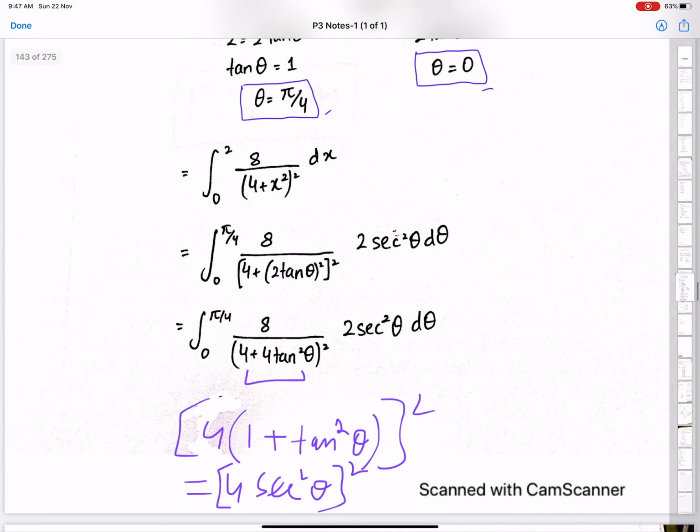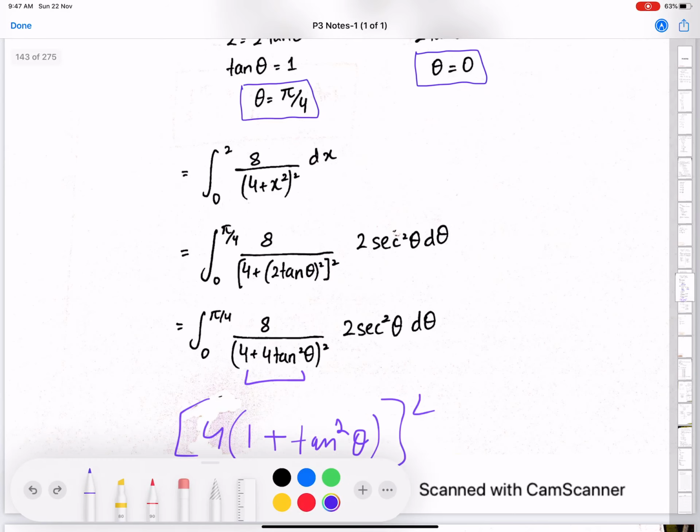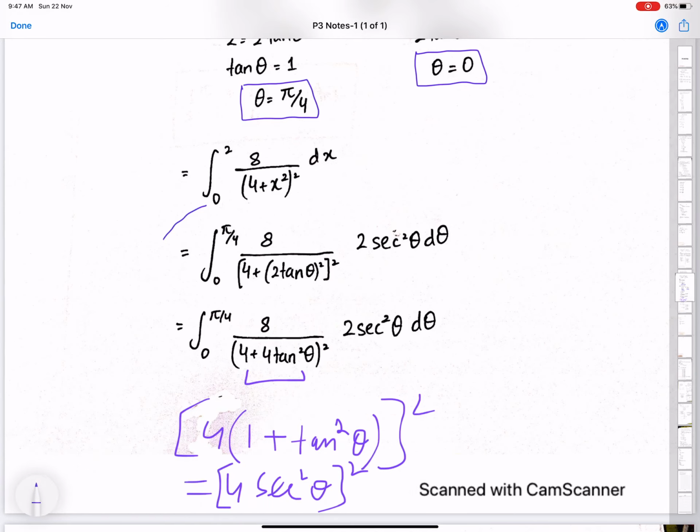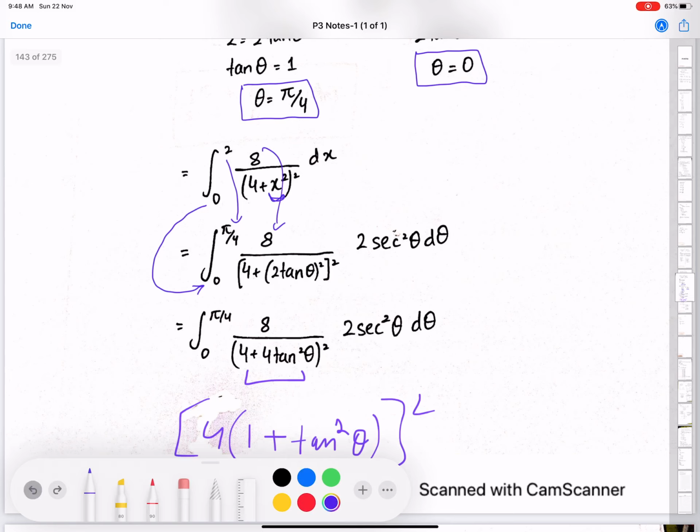Copy the integral, and then you need to substitute everything properly and correctly. So 0 is here, pi by 4 is here, copy this 8, substitute this x squared by 2 tan theta whole square. And make sure you also substitute dx.